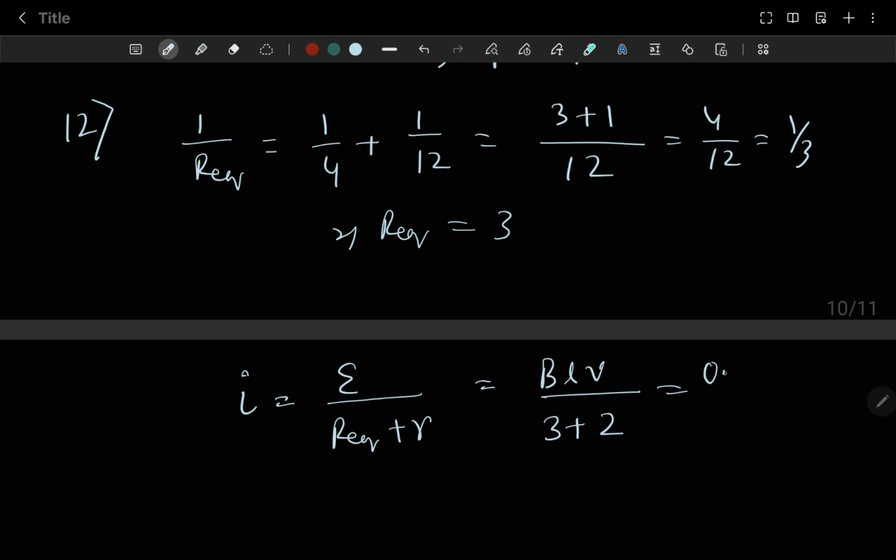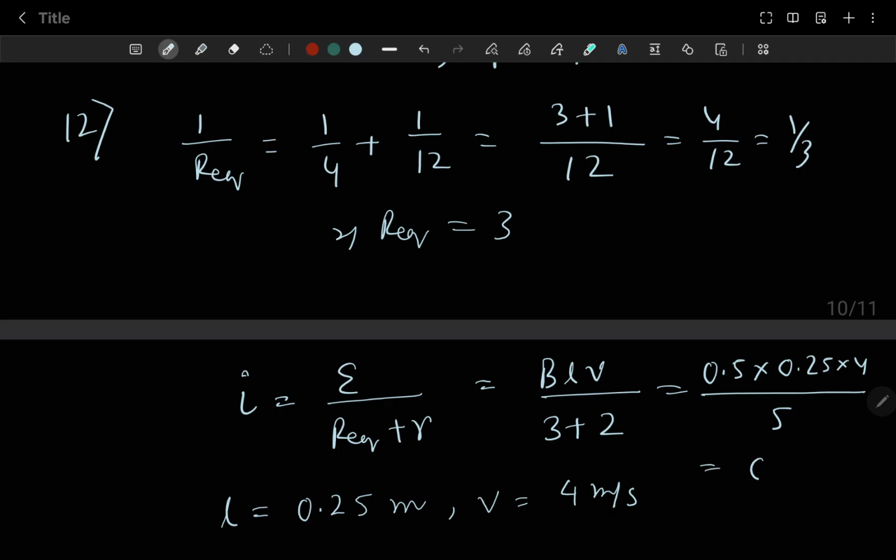So it is 0.5 into L and V. Here L is 0.25 meters and velocity is 4 meters per second. So it will be 0.25 into 4 by 5. So it will be 1. So it is 0.1 ampere, the induced current.